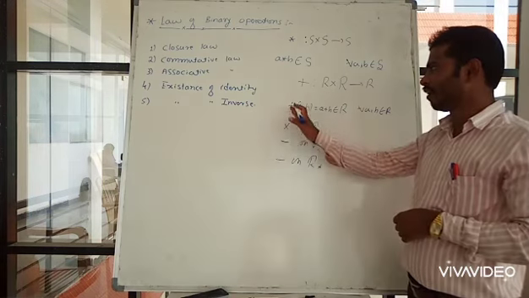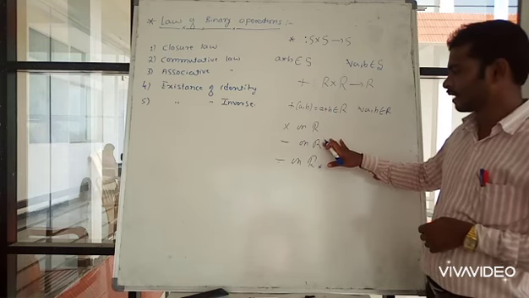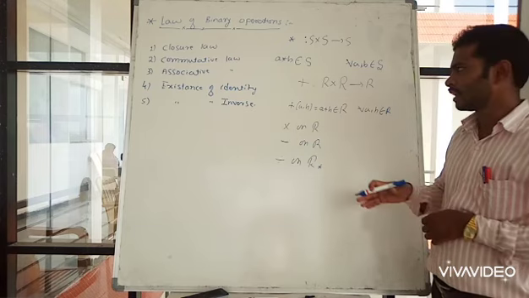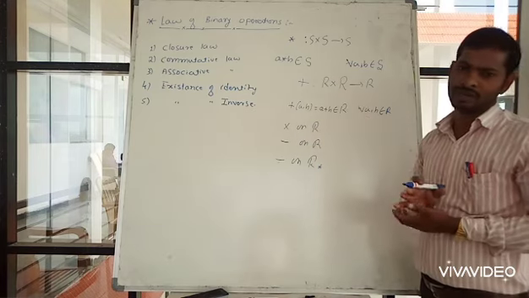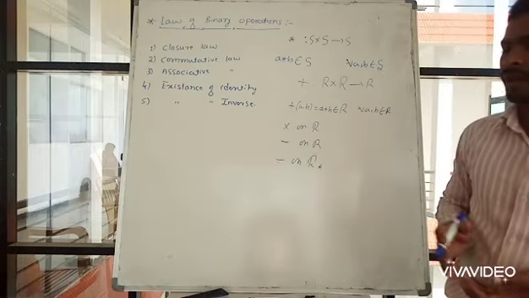Therefore, these operations on the set of all real numbers, and division on the set of all non-zero real numbers, satisfy the closure law. In this way, we are going to verify the laws.